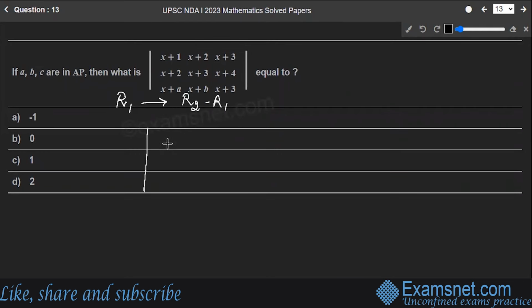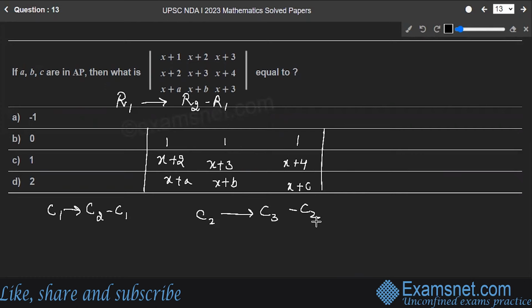You will get 1, 1, 1, same, x plus 2, x plus 3, x plus 4, x plus a, x plus b, and x plus c.